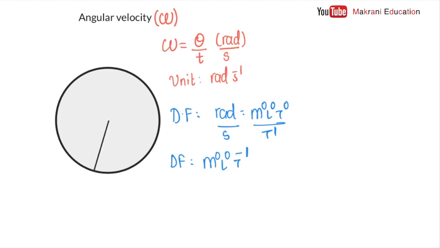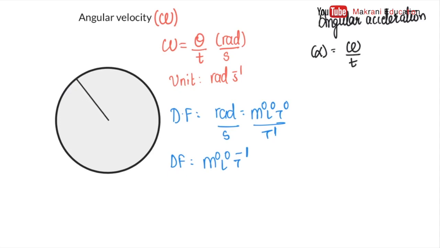If velocity changes with respect to time, then it is called angular acceleration. Angular acceleration is represented as alpha, and it is equal to angular velocity per unit time, which is radian per second upon second, given as radian per second square.